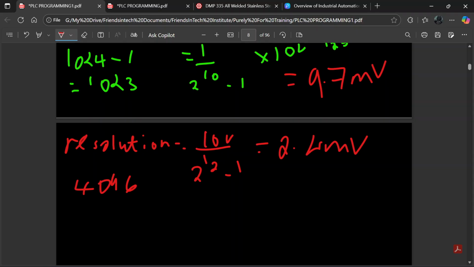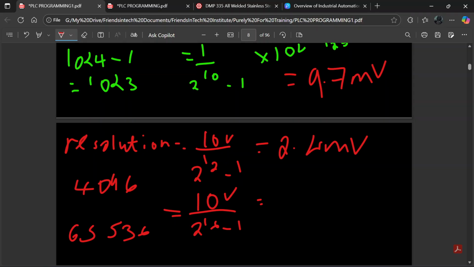What about a 16-bit ADC? What is the resolution? That will be 10 volts divided by 2 raised to power 16 minus 1. So 2 raised to power 16 is what, guys? 2 raised to power 16 is 65,536 minus 1.